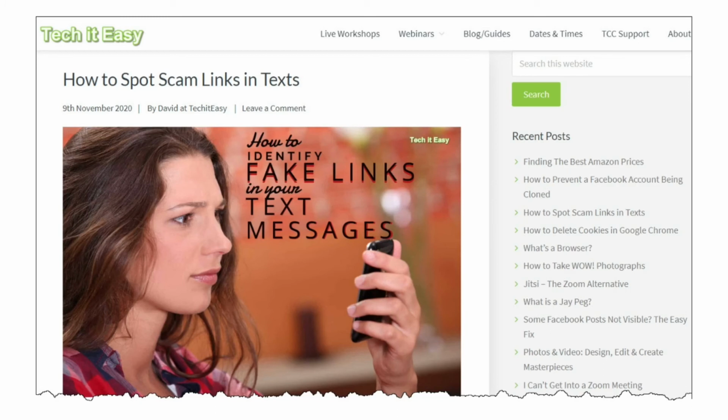Now, the first bit that we did, I've already written a blog post about it, and you can find that here. How to identify fake links in your text messages. You probably recognise the picture from right at the beginning of this webinar. But you can read that if you want to read it again.